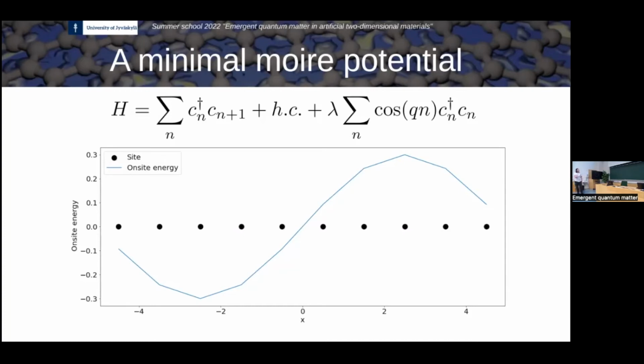If you take a value of Q that is 2 pi times a rational number, eventually that potential is going to repeat itself. So let us just see what happens to the electronic structure once we start adding this potential that in general is going to be incommensurate with the lattice, and that is going to have a certain specific strength.